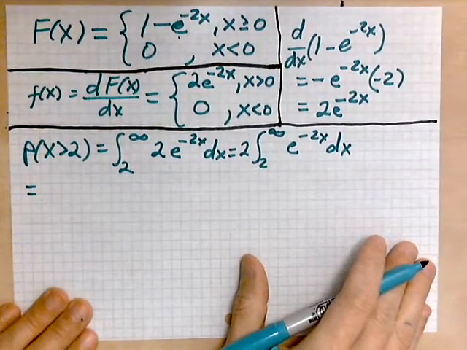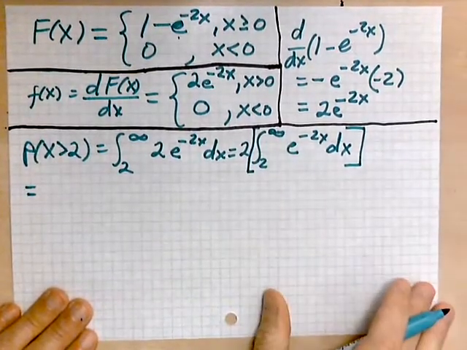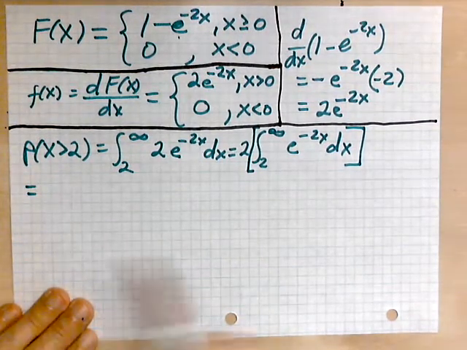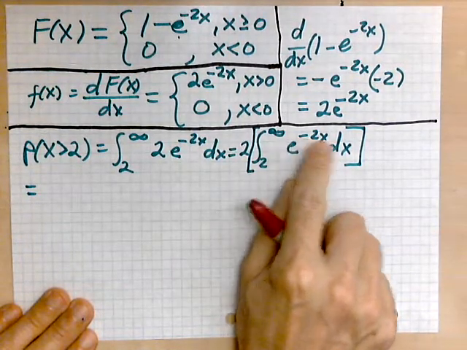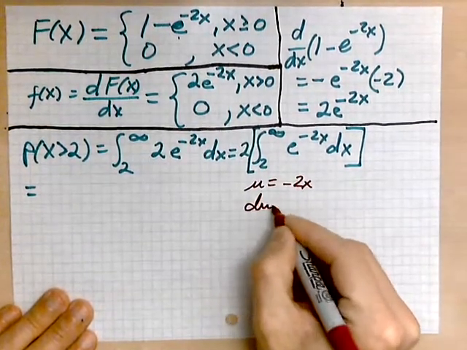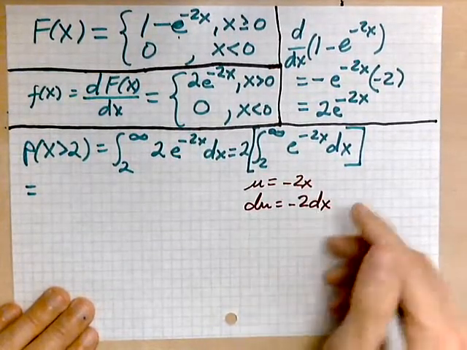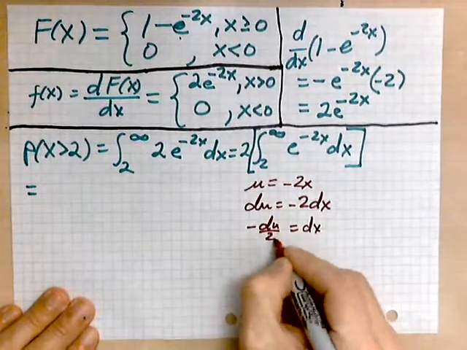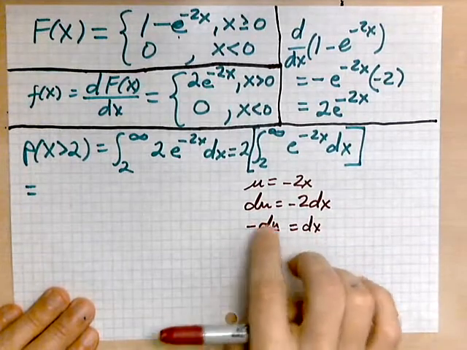Now the next step is to handle integrating this portion right here. Just to review, let's introduce u-substitution. Notice that I can let u be negative 2x. Then du equals negative 2 dx, which means dx can be solved for as negative du over 2. I divided both sides by negative 2. So dx equals negative du over 2.